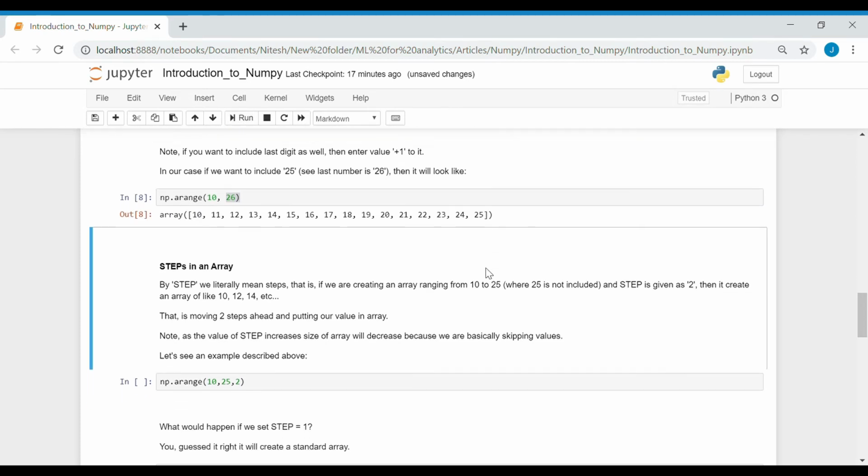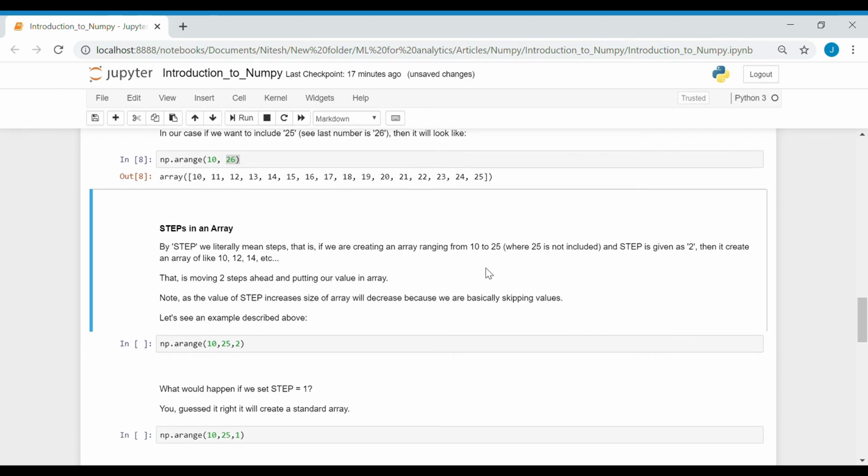Next topic in NumPy arrays is step. What is the step variable over here? And why, when I'm talking about steps, are we not walking here and there? Actually, that is the case in NumPy arrays. You can walk or jump from one value to another. For example, you are given this array 10 to 25, and if you want to print 10, 12, 14, 16, 18, 20, that is an array skipping one value, or skipping one step.